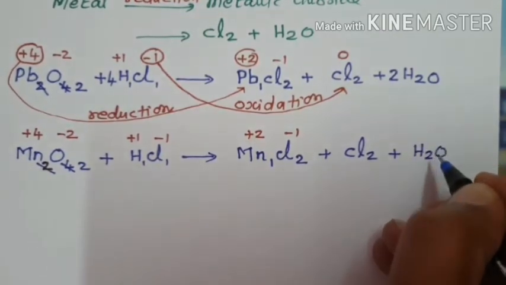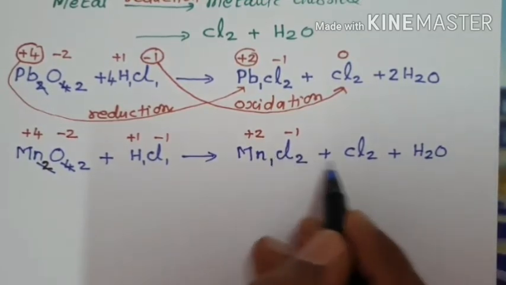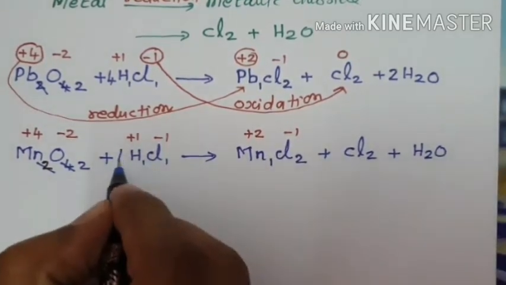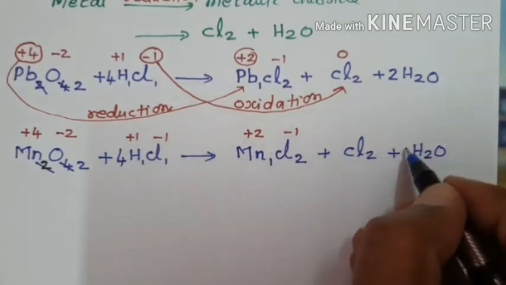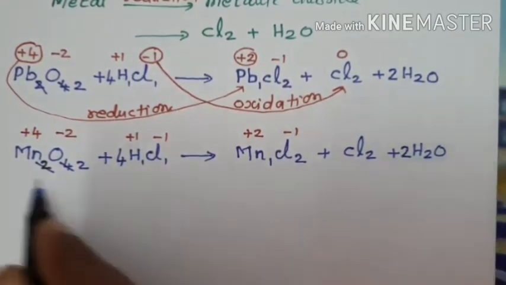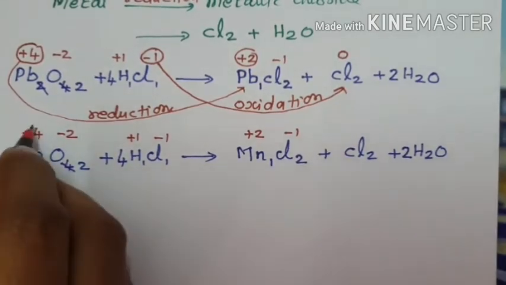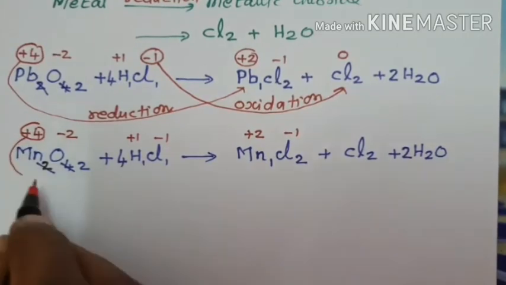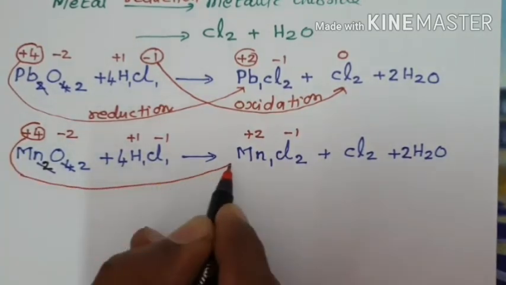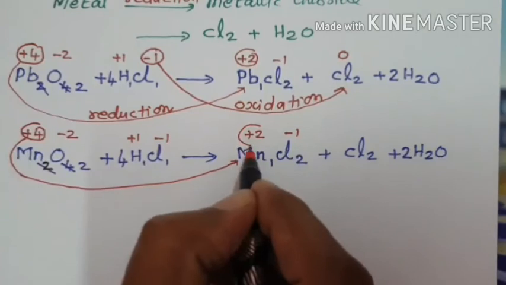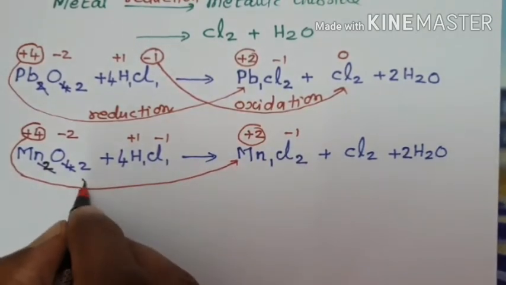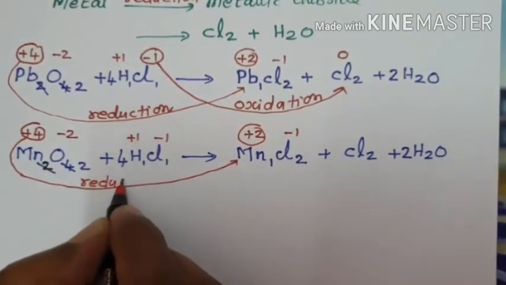The same balancing: 2 chlorine, 2 chlorine, 4 chlorine, 4 chlorine, 4 hydrogen, 4 hydrogen, 2 oxygen, everything is balanced. Now manganese plus 4 oxidation state is reduced to plus 2 oxidation state. Number decreases, it is called reduction.